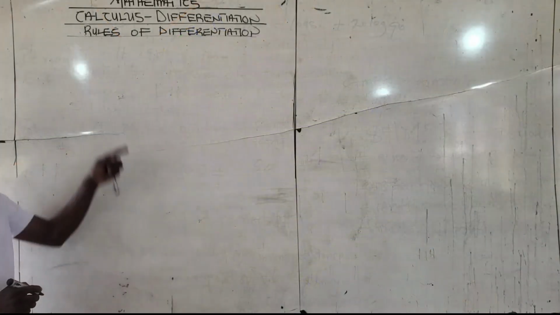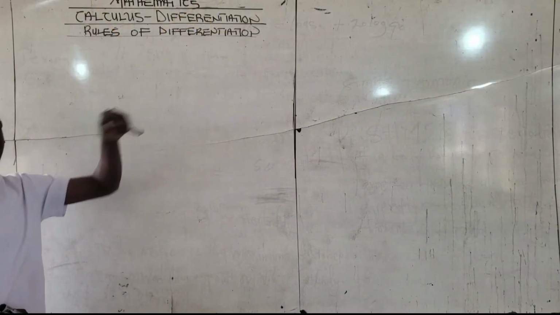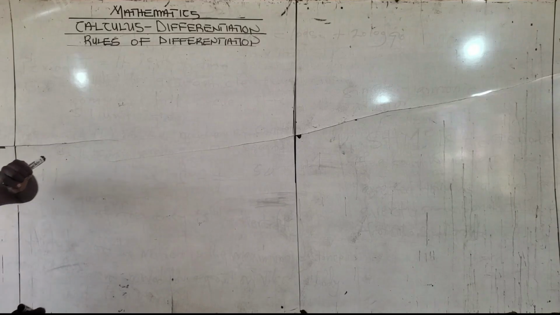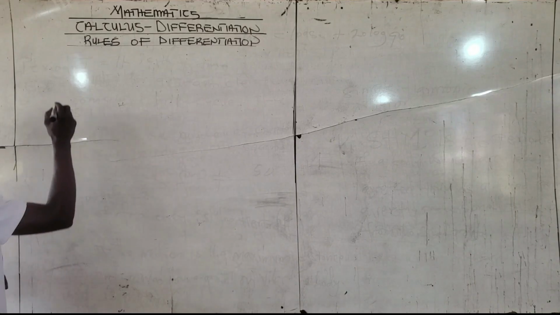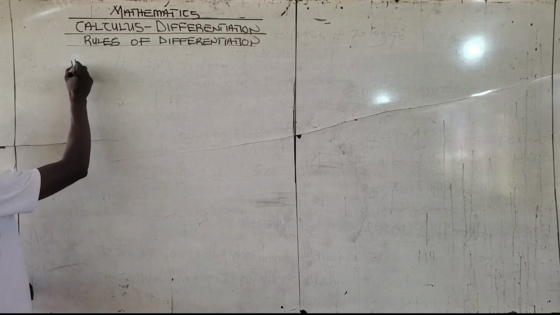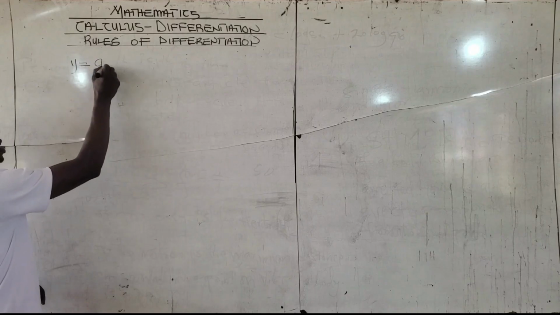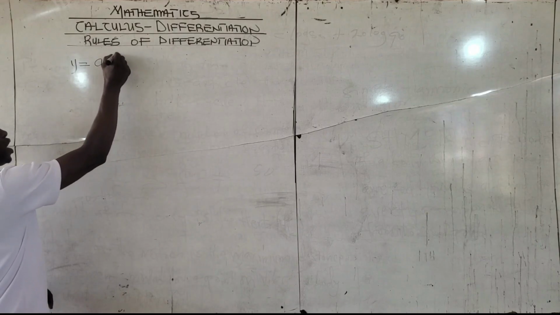Good. So today we are going to look at rules of differentiation. To start with, we will look at expressions of the form y equals ax to the power n.